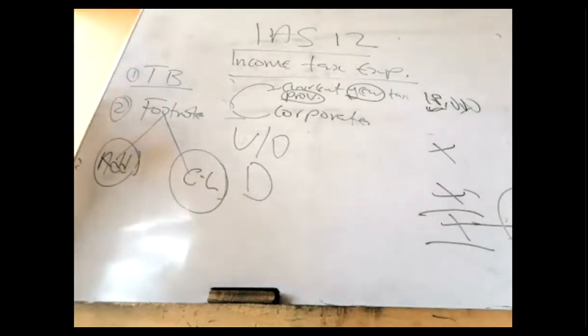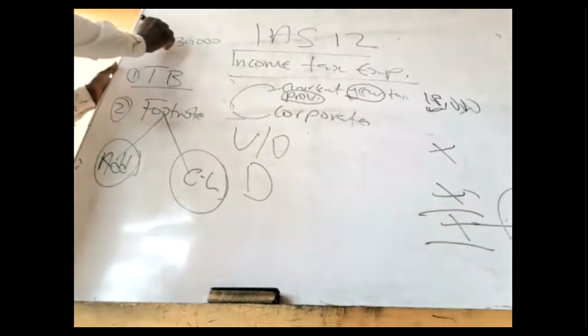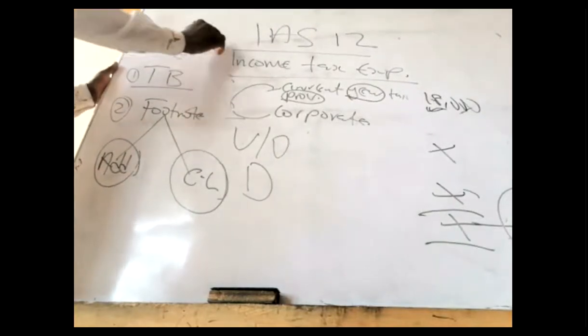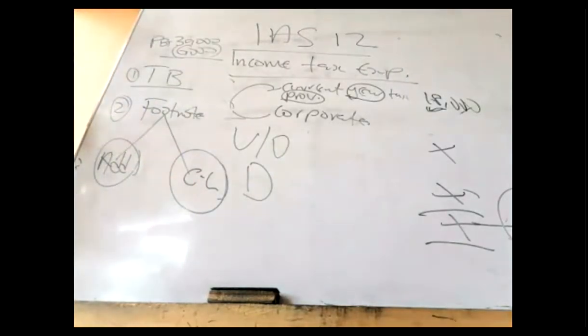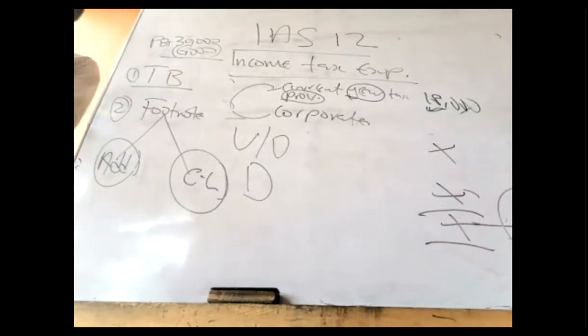So let's go back to the illustration, to our 30,000. This 30,000 is our profit before tax. Our tax is a 6,000 provision. Sometimes you make quarterly installments before the actual tax.